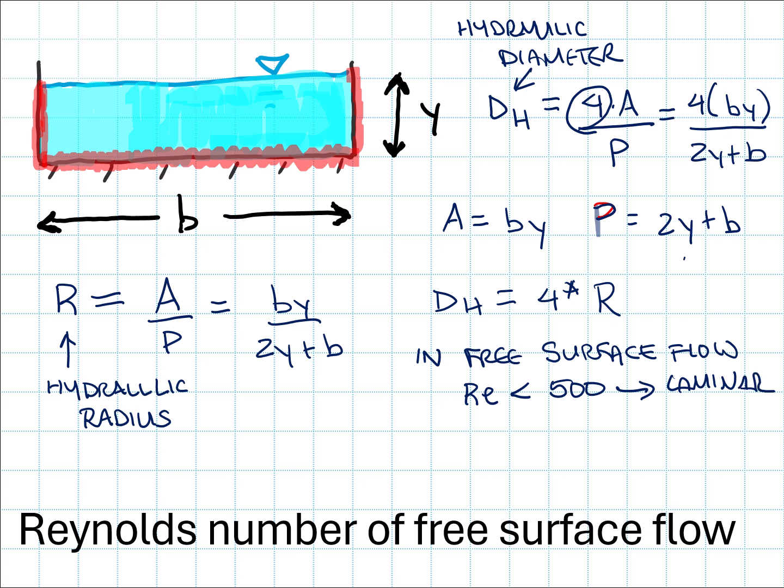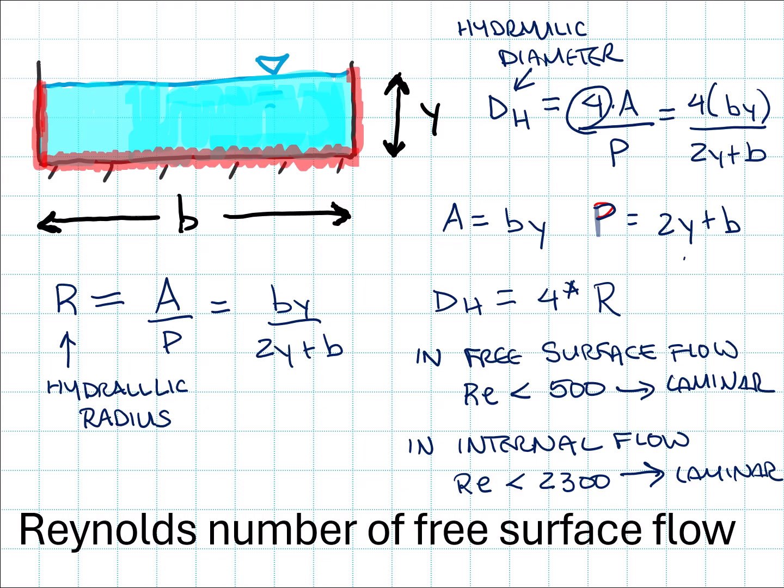If it goes above 500, it becomes transitional and turbulent. And you remember in an internal flow, we had a different standard of what it was to be turbulent versus laminar. Here, anything less than 2300 was laminar flow.